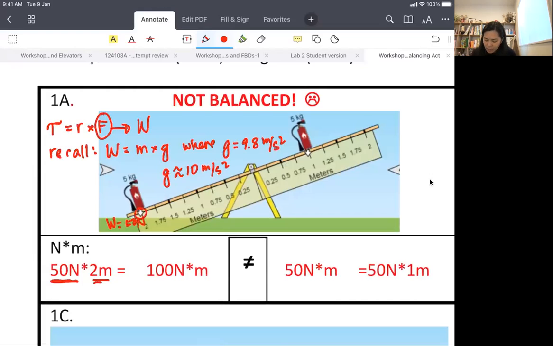And on the right, you have your 50 newton weight force because of a 5 kilogram mass, and the lever arm is 1 meter. The distance between your weight force and the pivot point is 1 meter. So you can see here it's not balanced because the anti-clockwise torque is not equal to the clockwise torque, and that's why it's not balanced.